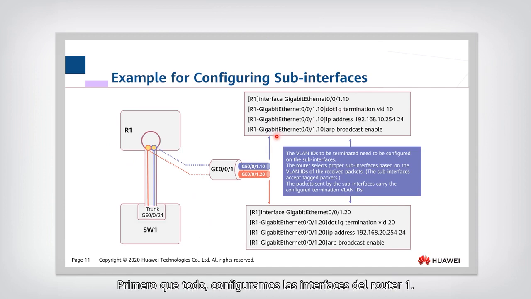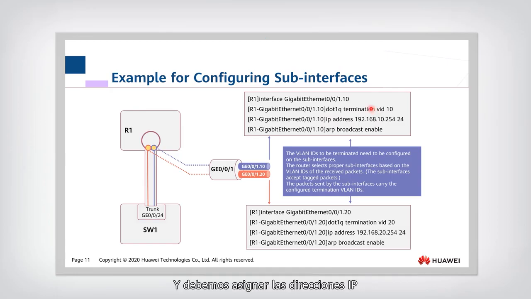You can see that we first configure the interface of router 1. We go into sub-interface 1.10, and there we first need to terminate the tag of VLAN 10. So we use the dot1q termination vid 10 command to terminate this VLAN and delete the tag from the packets.